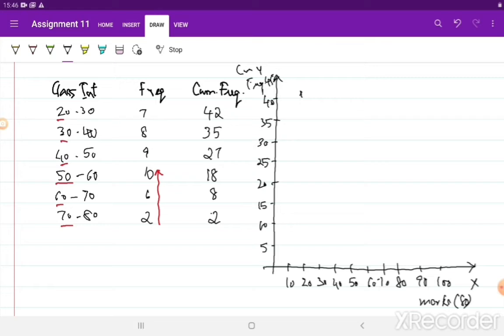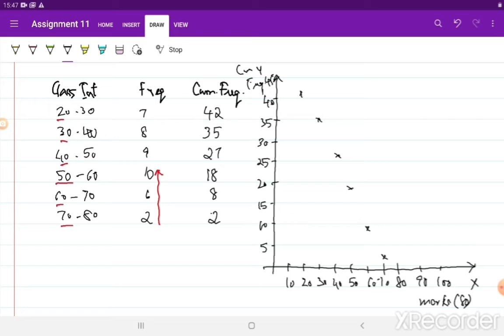Greater than 30 is 35. Greater than 40 is 27, around here approximately. Greater than 50 is 18. Greater than 60 is 8. And greater than 70 is 2. So around here.